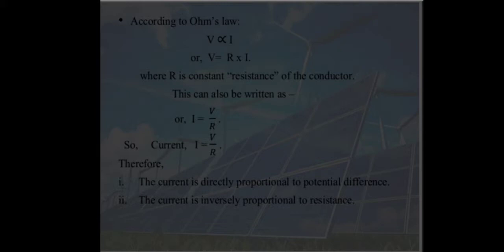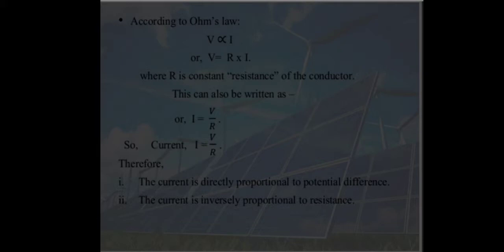So therefore, number one, the current is directly proportional to the potential difference, and number two, the current is inversely proportional to the resistance. Remember these two things we get from Ohm's law.